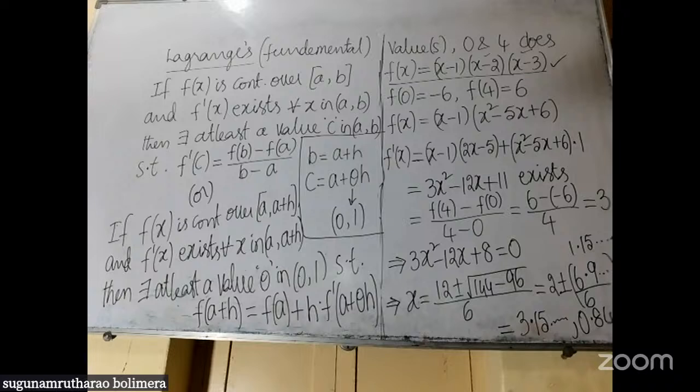So if you are having both in one option, you have to choose that. If you are having only one in one option and another in another option, and both in another option, you have to choose the option containing both.